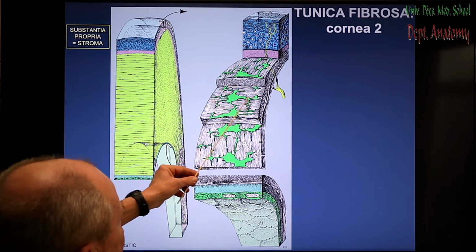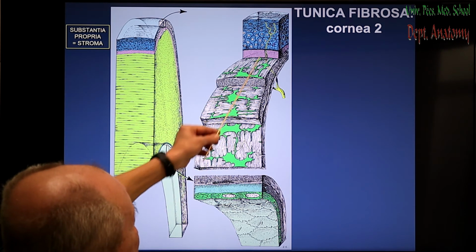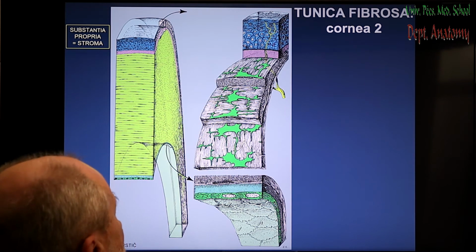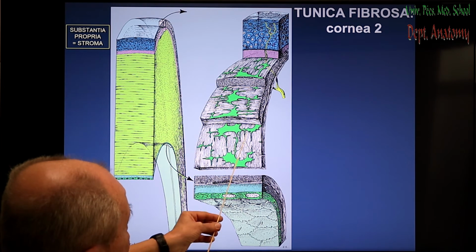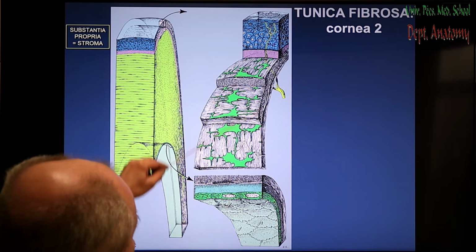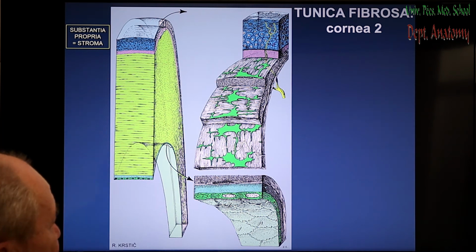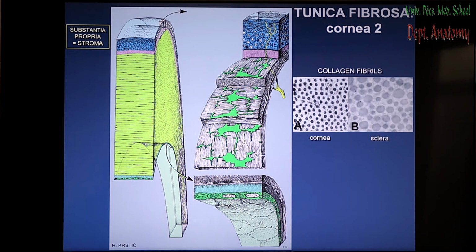In the subsequent layer, again parallel with each other but perpendicular to the fibers of the first layer, they run, and then comes again an orientation of the fibers corresponding to that of the first lamina, and after that several laminae, something like 7 laminae altogether, make up this substantia propria.